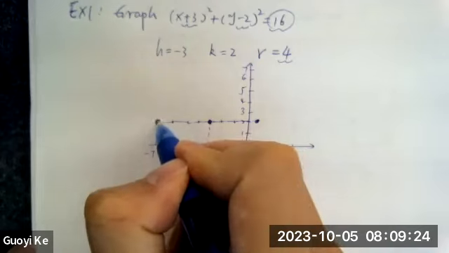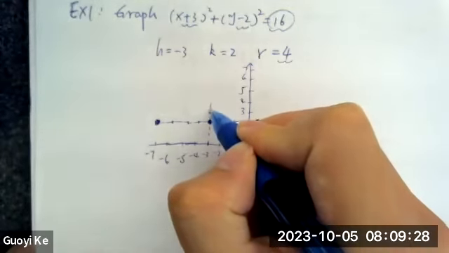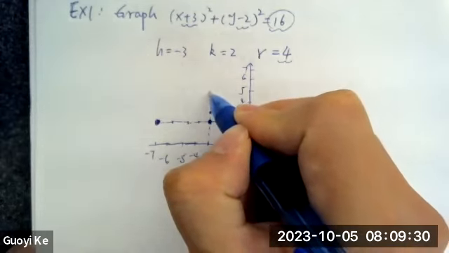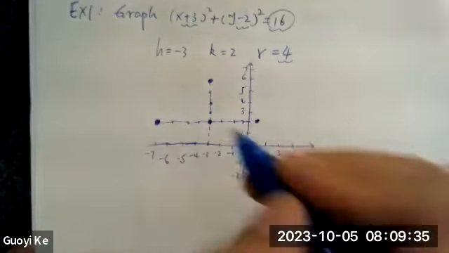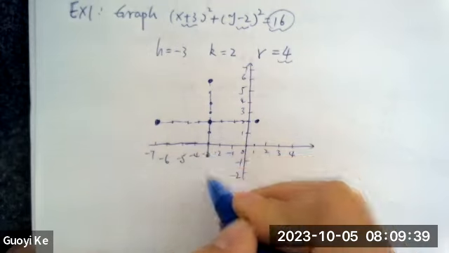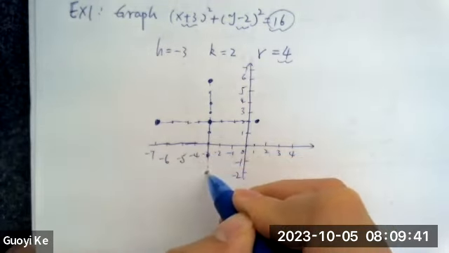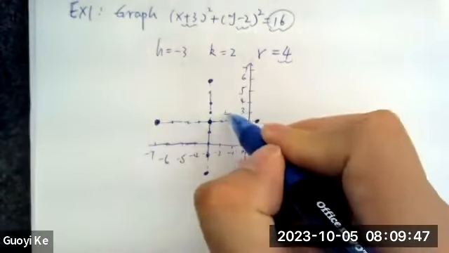The second point is here. Upward 4 units, 1, 2, 3, 4, is here. Downward 4 units, 1, 2, 3, 4. Okay, we got 4 points, right?